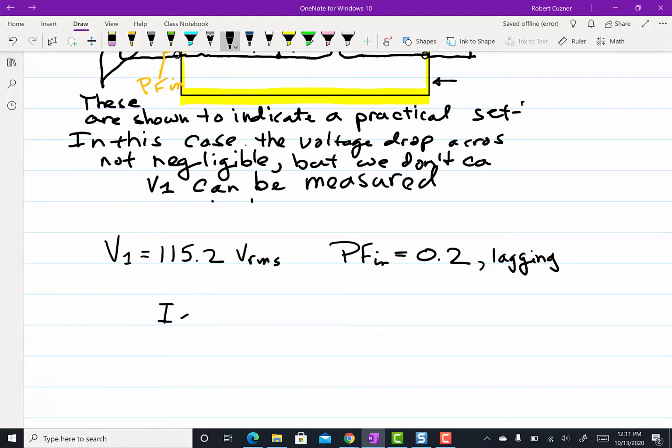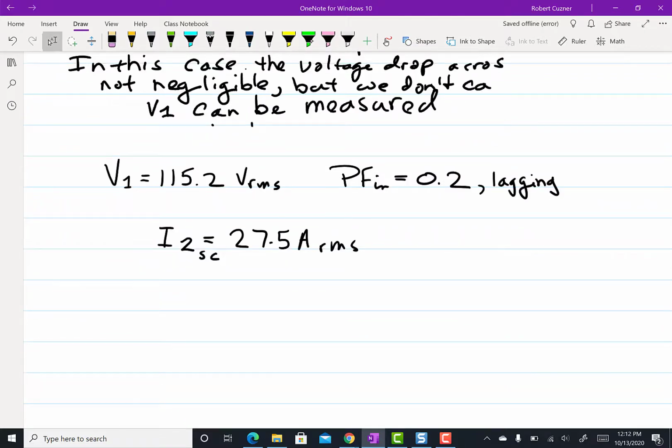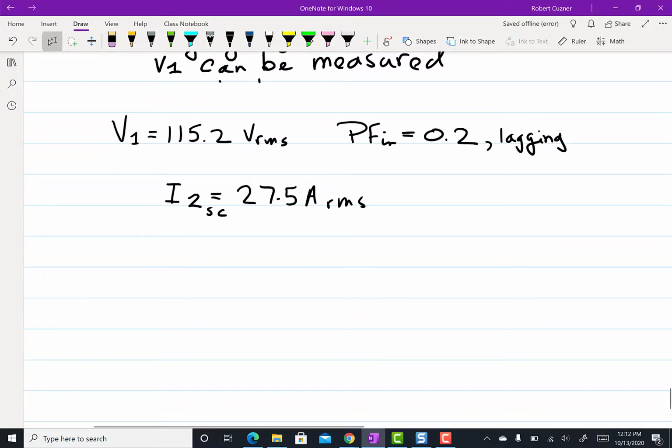And then finally, we can measure the current on the secondary. That's the short circuit current, so I'll put a little underscore SC to indicate that. It ends up being 27.5 amps RMS.